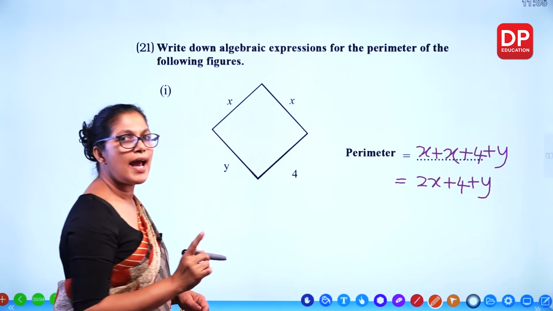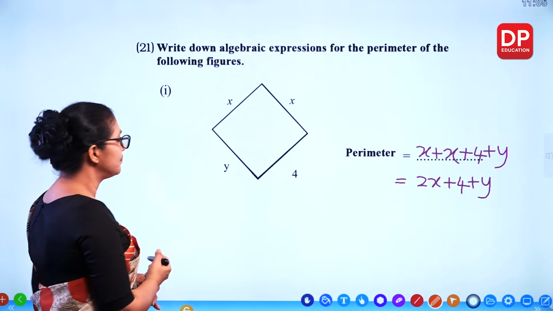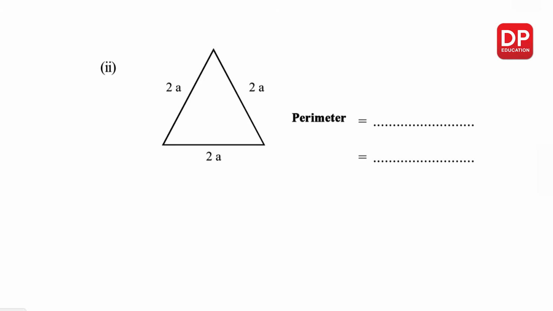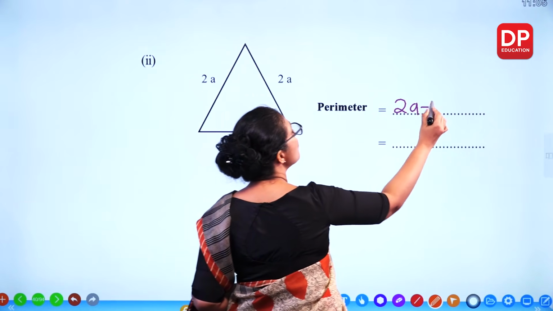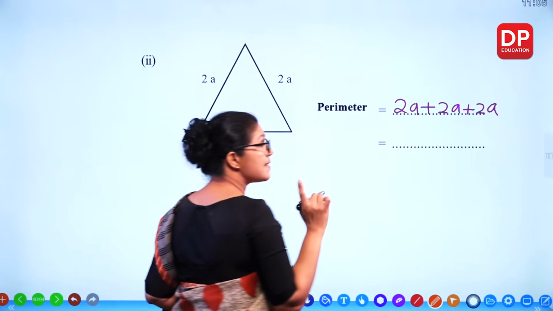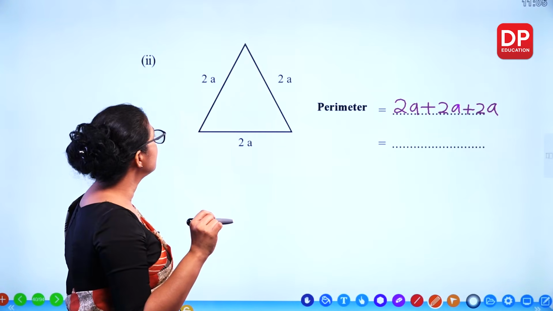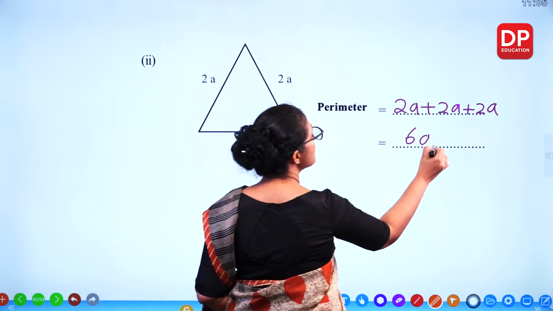So we can't add again because the others are not like terms. It's a triangle. What's the perimeter? Add the outer lengths. 2a, 2a, 2a. All lengths are equal. This is an equilateral triangle. So 2 plus 2, 4, 4 plus 2, 6, 6a.